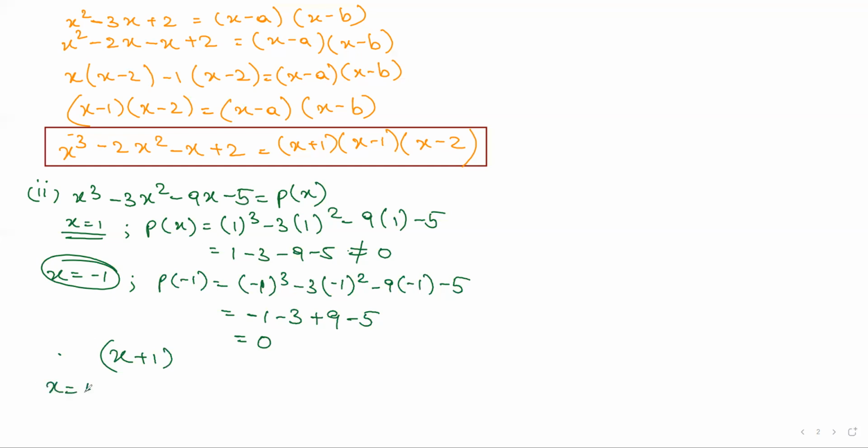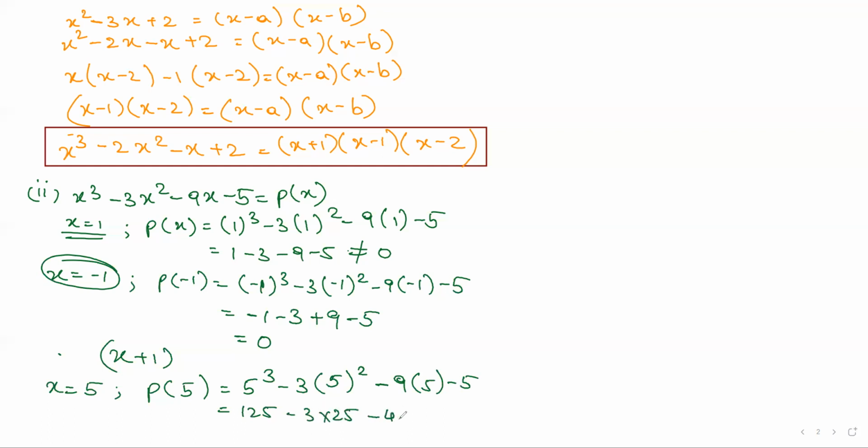At x is equals to plus 5, you get p of 5 is equals to 5 cubed minus 3 into 5 square minus 9 into 5 minus 5. This is 125 minus 3 into 25 minus 45 minus 5. Let's just place a partition.